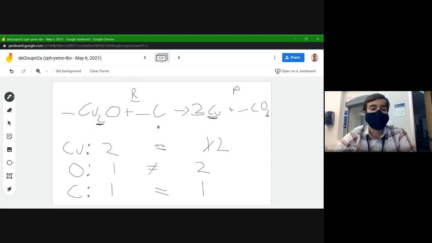Well, it's going to go on the reactant side, but is it going to go in this spot or in this spot? Remember, we're trying to balance the O. So the beginning? That sounds good to me. To balance this O and give us 2 O's, we could put a 2 right here.